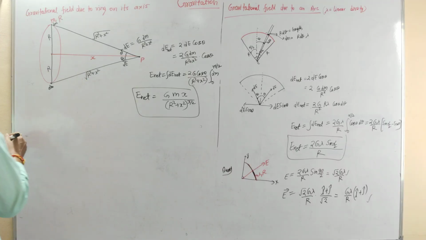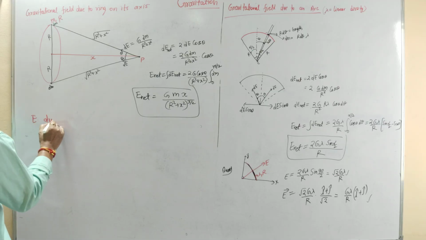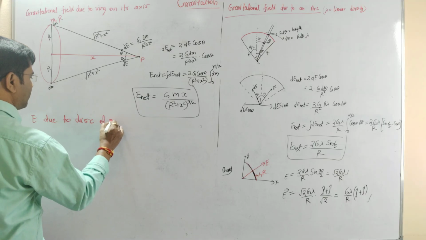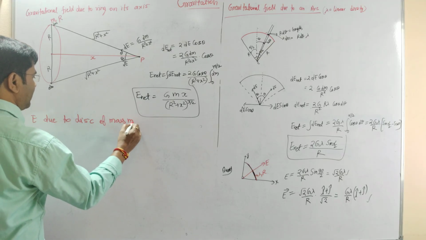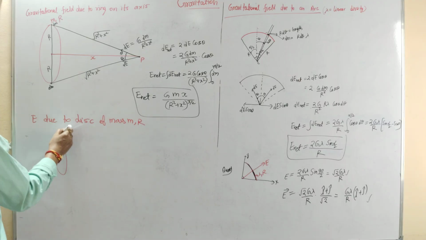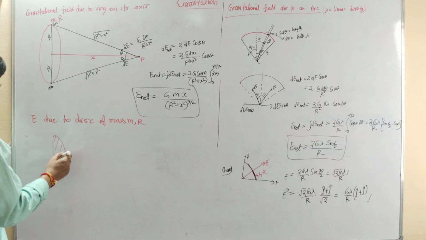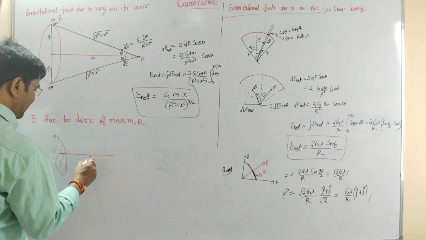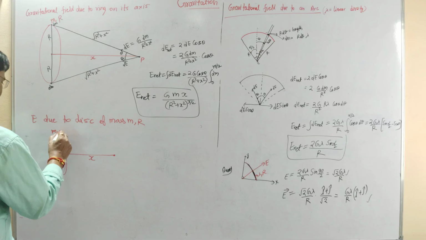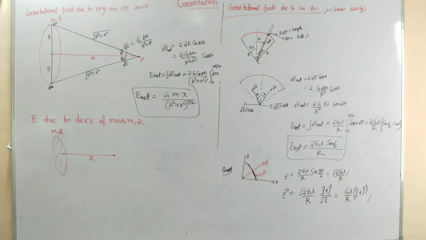Similarly, due to a disk also, you remember this is E due to a disk of mass M, radius R. Now this is on its axis, we have to find out. Here at x distance you want to find the field. This is mass M, radius R. So only remember the formula.